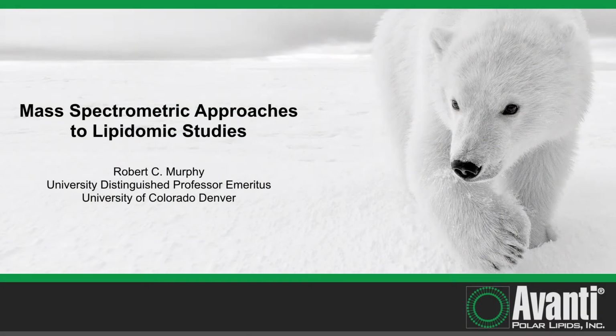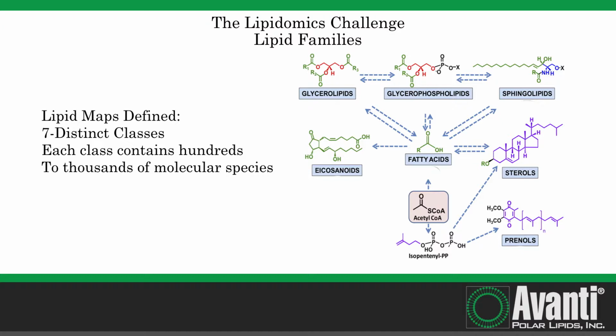So let's begin this video with looking at general aspects of lipidomic studies. First of all, let me talk about lipids in general. One of the problems with lipidomic studies is people do not realize that lipids are really seven different classes of very different organic molecules. And these have been defined for us by LIPID MAPS.